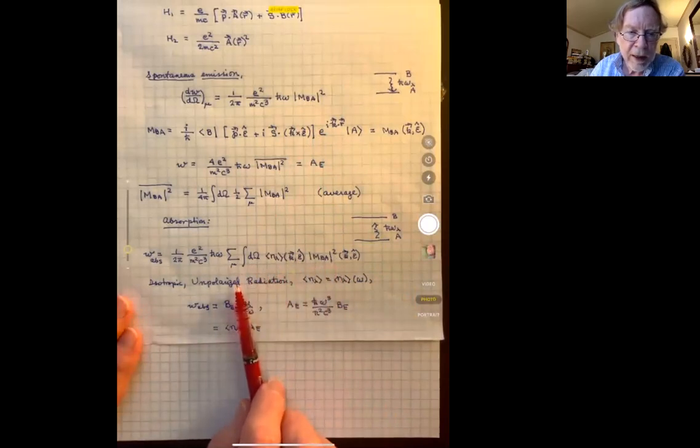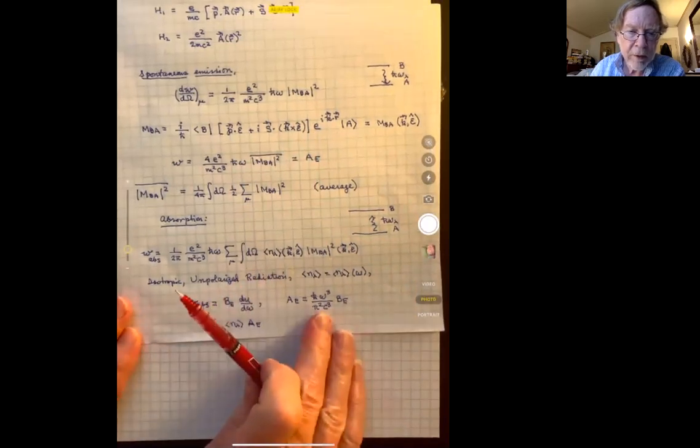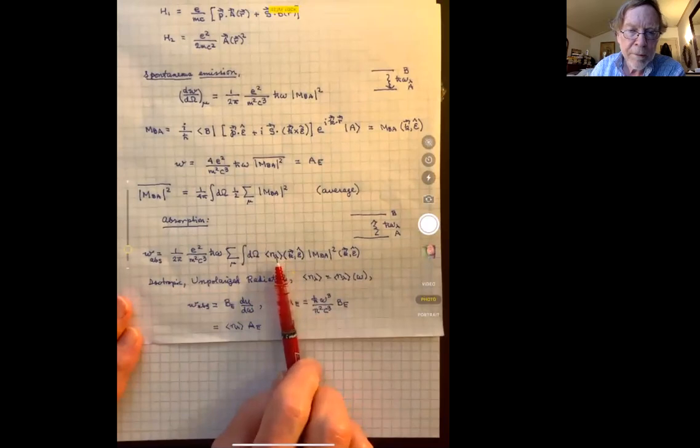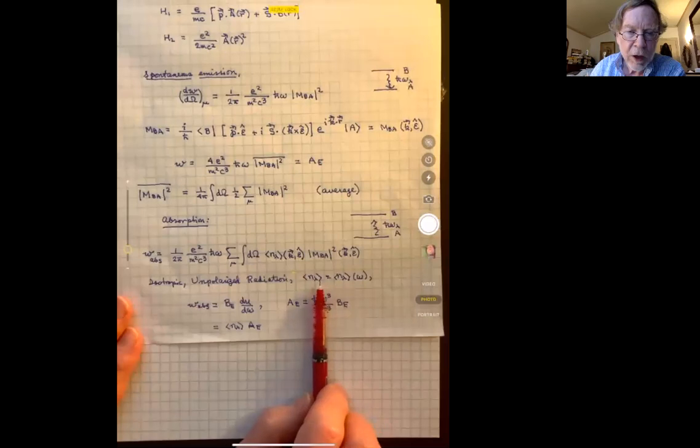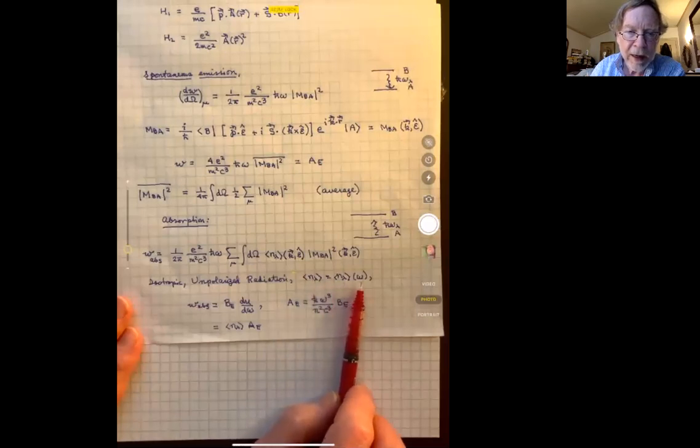Now, in general, it's kind of hard to do something with this sum and integral here, but in the special case in which the radiation is isotropic and unpolarized, that means that the number of photons in a mode is independent of the polarization and also independent of the direction of k. Therefore, it depends only on the magnitude of k, or equivalently on the frequency omega. So for unpolarized isotropic radiation, the average value in lambda actually depends only on omega.